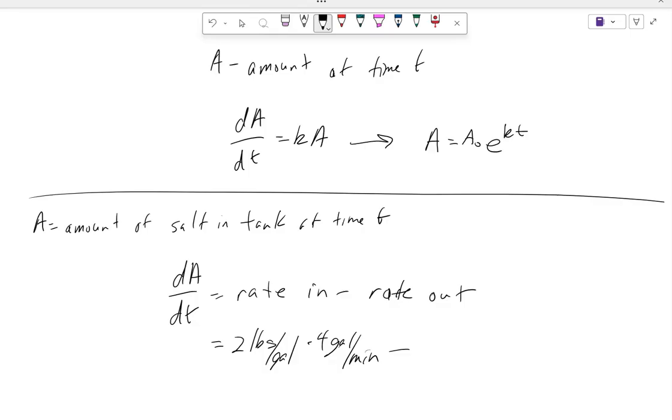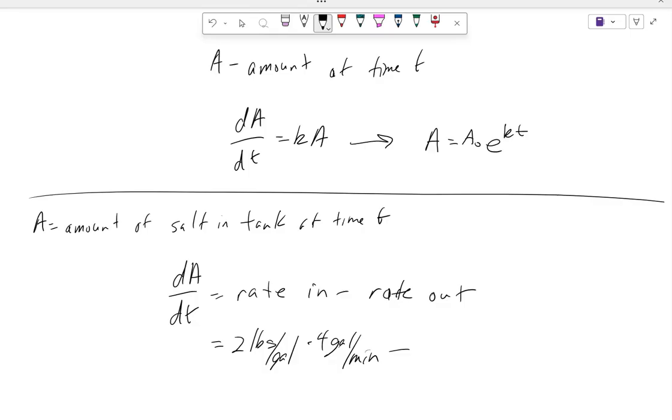The second part's a little bit more difficult. I got to figure out actually 2 things, right? One, we know how fast things are going out. That's not the harder part. But I need to figure out the concentration of salt in the tank at a particular time, right? Notice that I've got a concentration of salt with the 2 pounds per gallon, don't I?